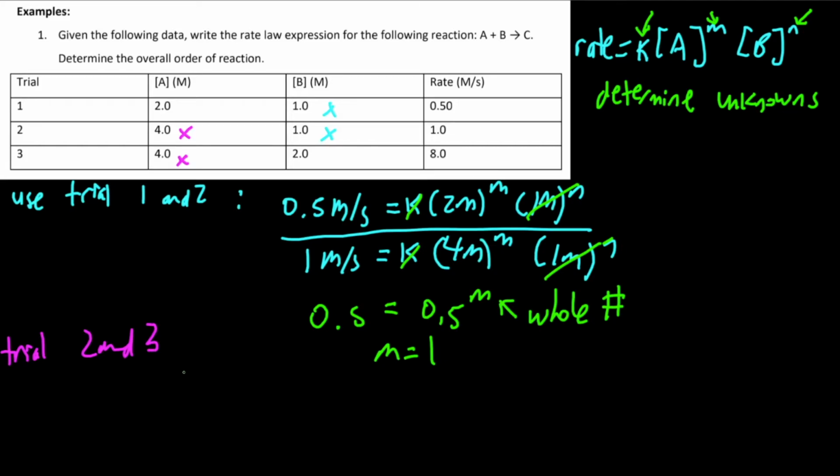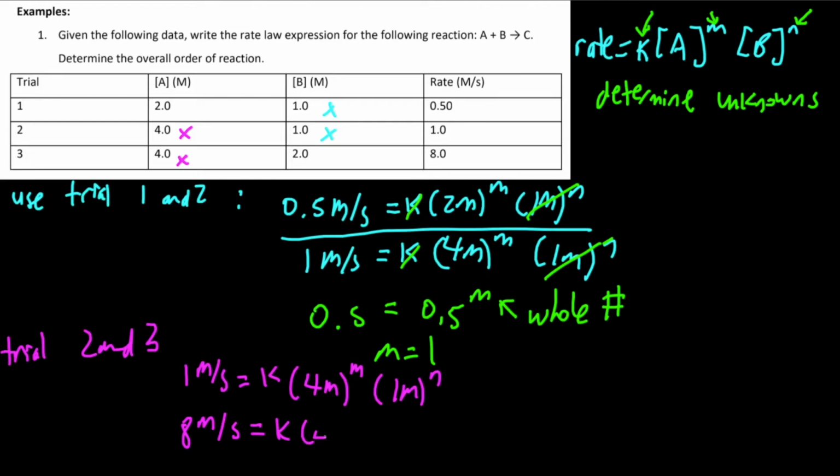So by doing this, we're going to get 1 molar per second equals K, 4 molar to the m, 1 molar to the n, and then trial 3, we have 8 molar per second equals K, 4 molar to the m, 2 molar to the n.